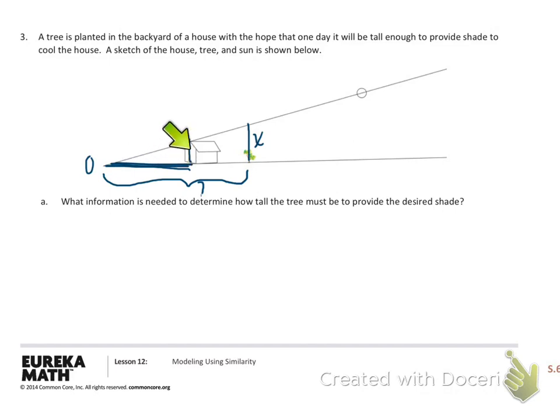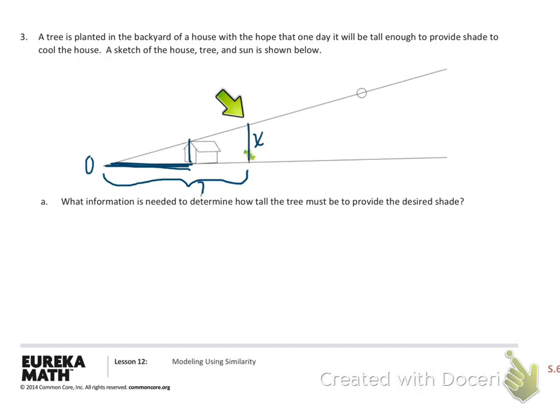So then we also know this distance here on the house, so that will help us because it will be proportional to this distance, because those would be another pair of corresponding sides on our similar triangles.